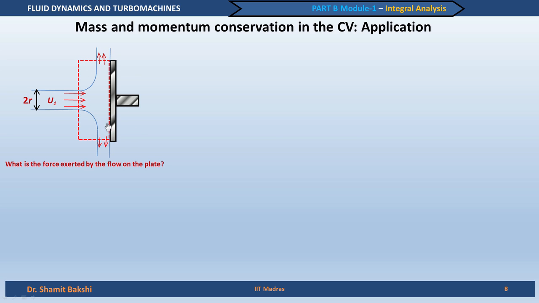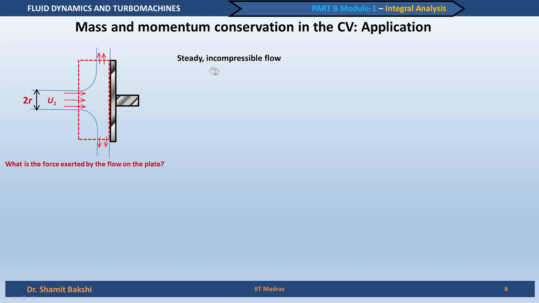To begin with, we will start with this kind of control volume, but for the same problem we will actually use a different control volume and demonstrate the efficacy in selecting the control volumes, so that you can get the solution in an easier way. So, the first choice in our demonstration in our lecture is this.